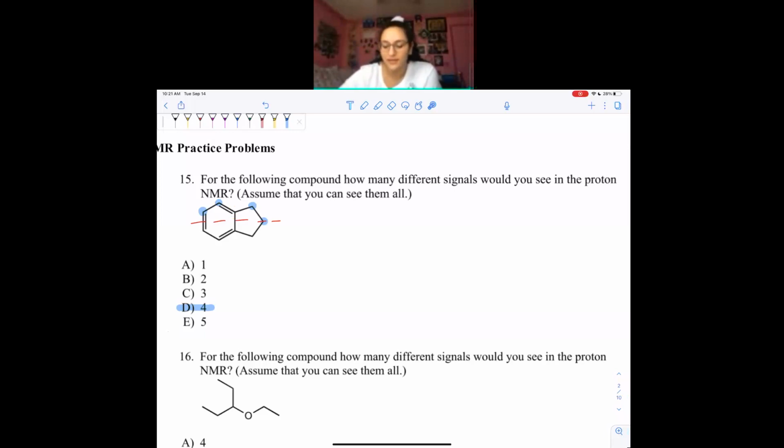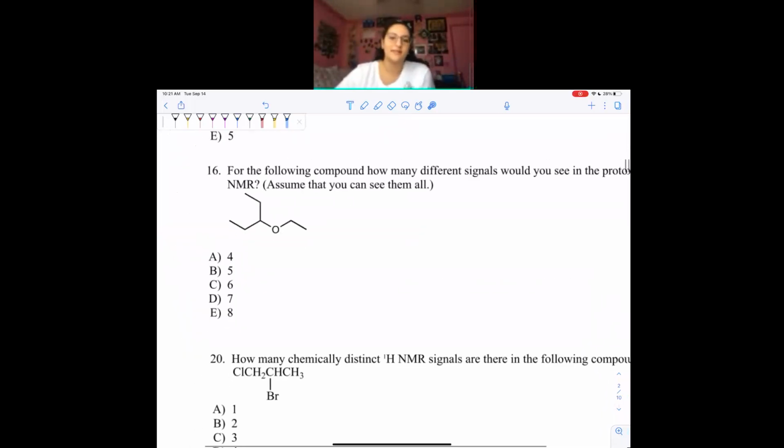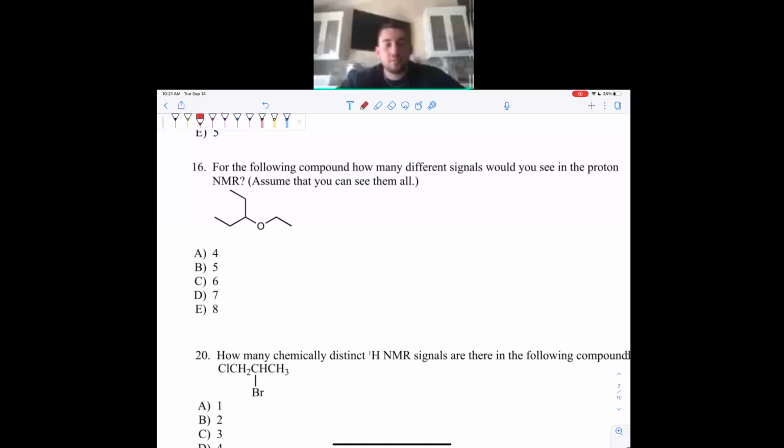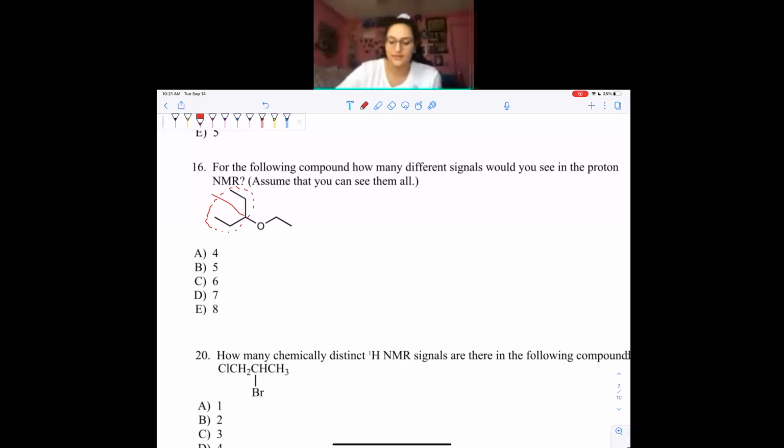One that's a little tiny bit more complicated is this guy. So again, we're looking at proton NMR, so we're looking at hydrogens. Do we see any symmetry here? We have partial symmetry. So this is going to be symmetrical down the middle, right? And that's a weird way to draw that, so whatever.